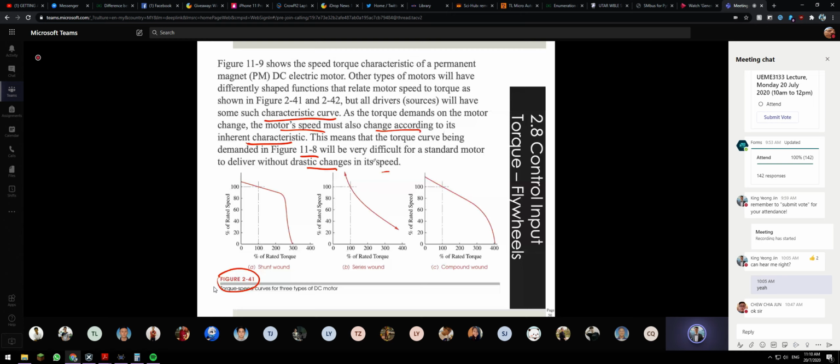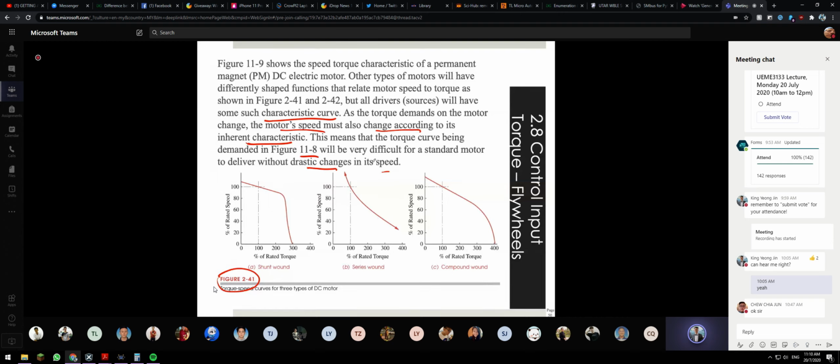So what it means here is that when your linkage torque requirement increases, your motor may spin slower. When the torque requirement from the linkage is reduced, your motor will spin faster.